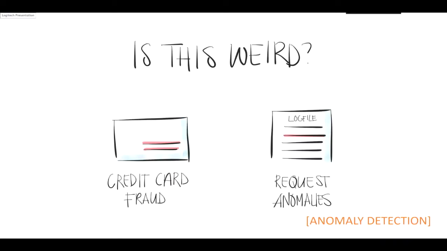And then we have a special kind of classification that's called anomaly detection. So anomaly detection asks the question, is this weird? Is this transaction fraudulent? Is this log entry in my internet log weird? So should I be worried about it?